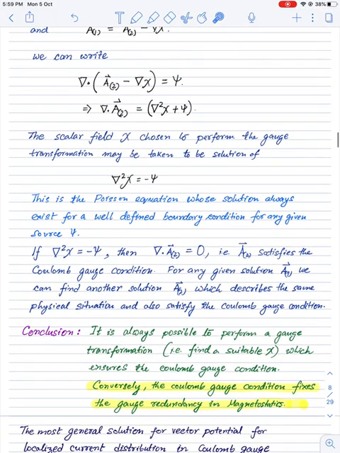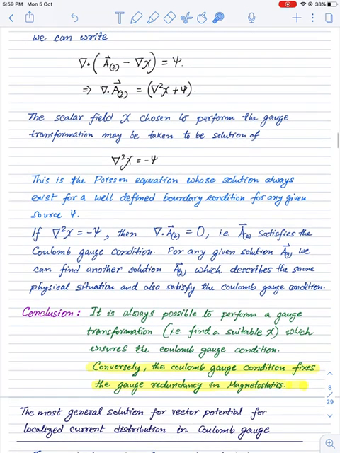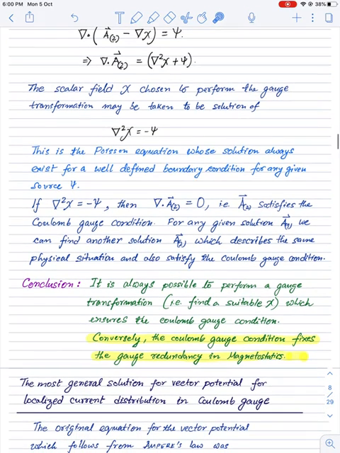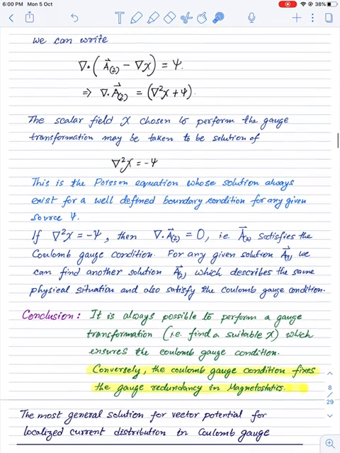So it is always possible to perform a gauge transformation, that is, find a suitable solution for chi which ensures the Coulomb gauge condition, and also, because of the uniqueness of the solution of the Laplace equation, the Coulomb gauge condition fixes the gauge redundancy in magnetostatics completely. Okay, so that is the thing.